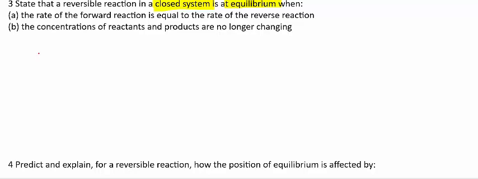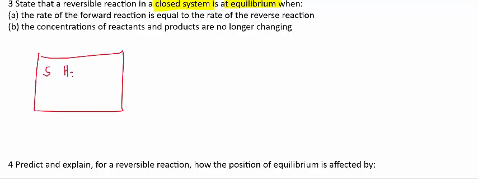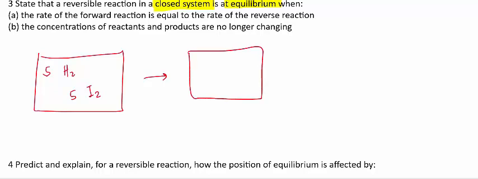So like this. When I have a closed system, let's say I have 10 hydrogen molecules and 10 iodine molecules.